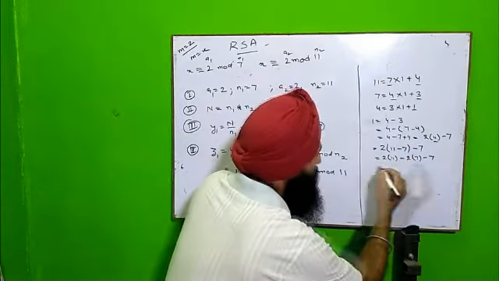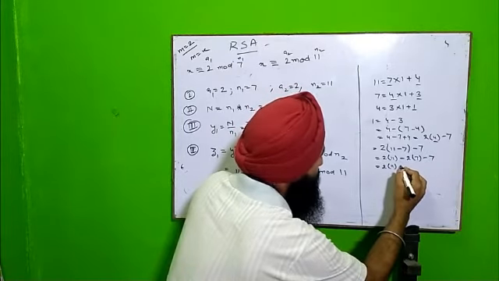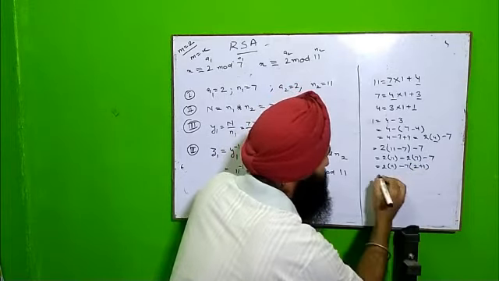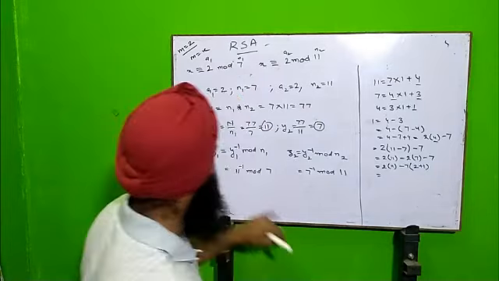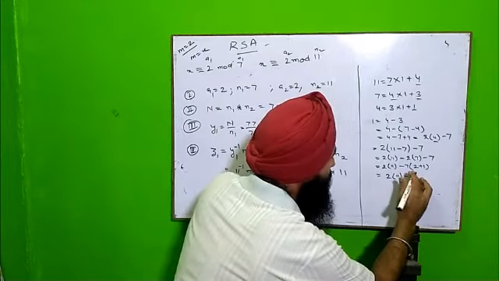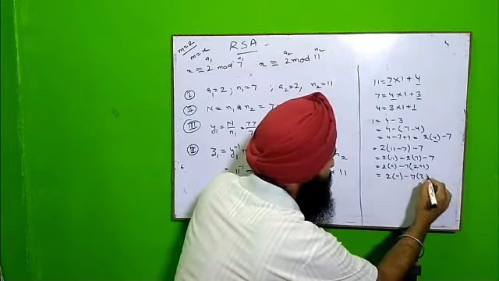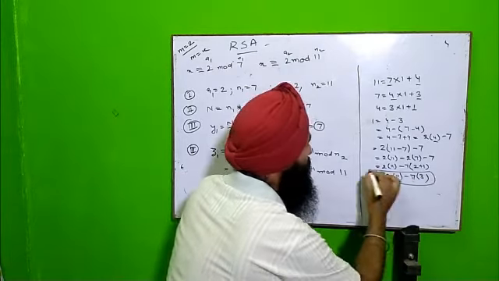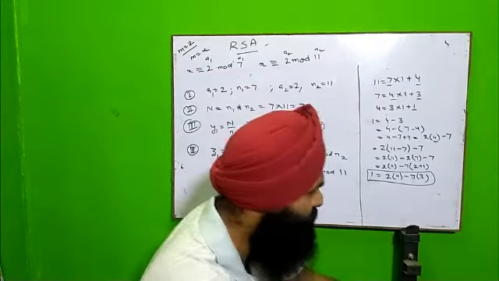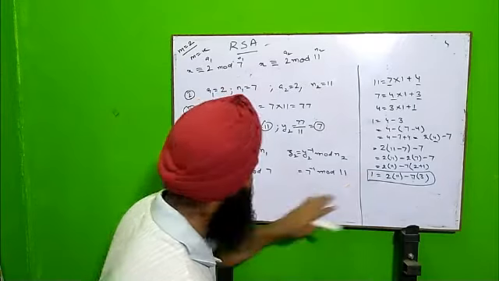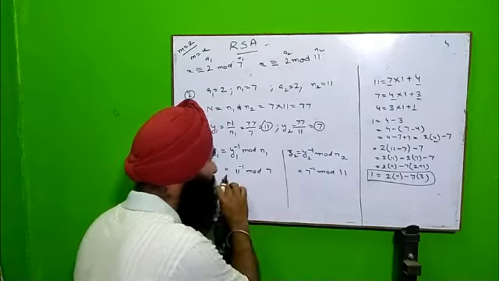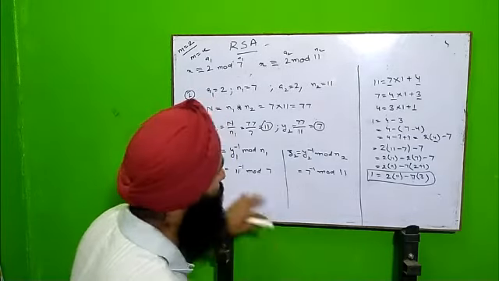If I take the minus 7 common, we will have 2 plus 1, that is 3. So here we will have 2 into 11 minus 7 into 3. With this equation, we are going to take mod 7 to solve this z1, and then mod 11 to solve this.